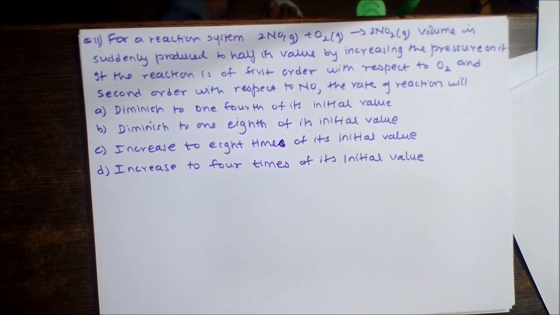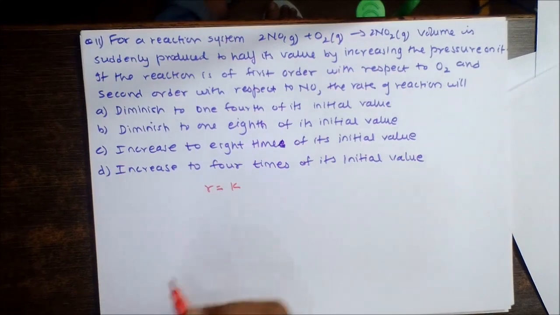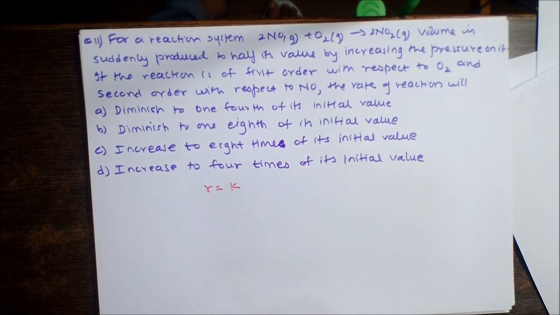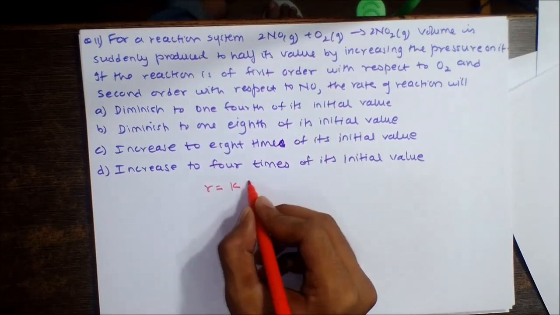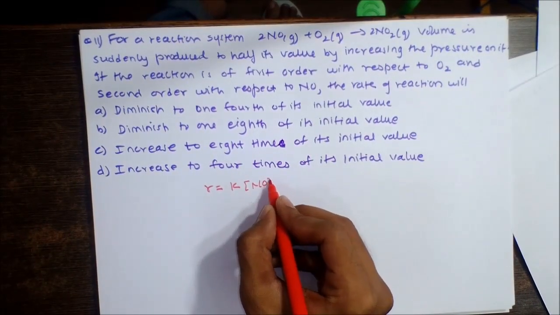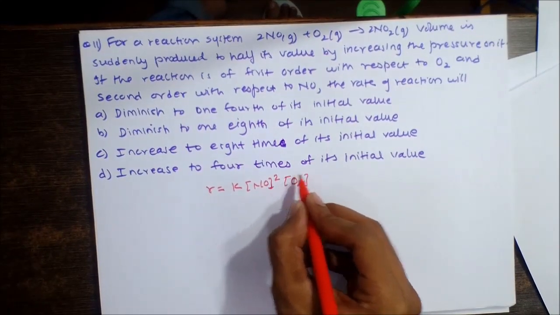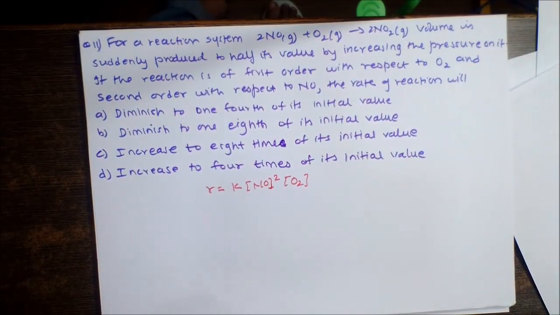Question 11. For a reaction system 2NO plus O2 giving 2NO2, volume is suddenly reduced to half its value by increasing the pressure on it. If the reaction is of first order with respect to O2 and second order with respect to NO, the rate of the reaction will be? Now, since the rate is second order in terms of NO and first order in terms of O2, I can write R equals K [NO]^2 [O2]^1. Now, as volume is halved, the concentration will double for NO as well as O2.